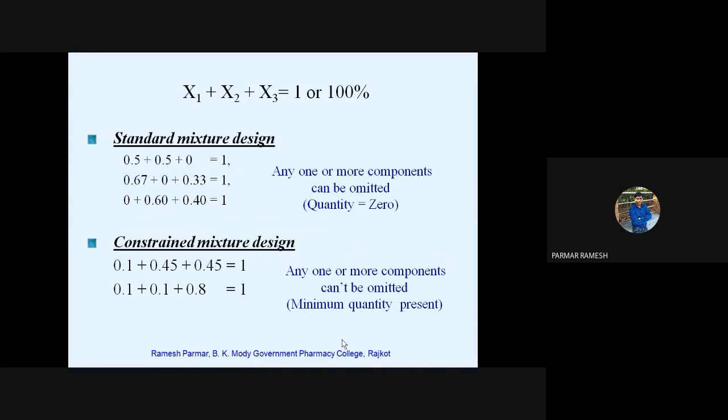But when we are having constraints, we cannot omit one or more excipients. For example, over here, x1 must be used at least at 0.1 level. So it is 0.1, 0.45, 0.45; 0.1, 0.1, 0.8, as I have discussed earlier. So this is a constraint. This is a condition that we cannot use x1 below 0.1 concentration.